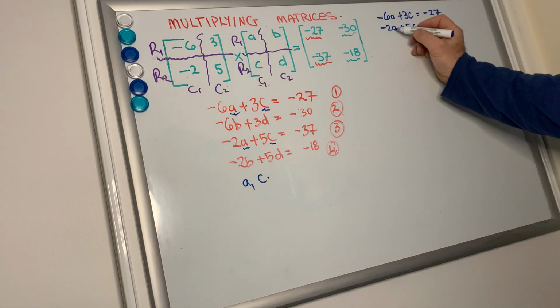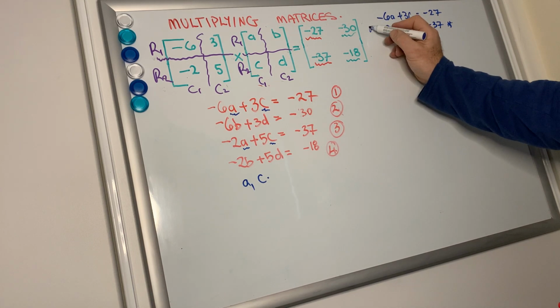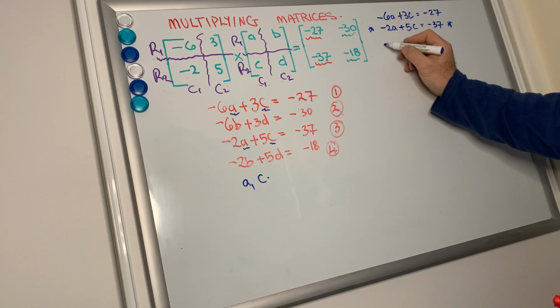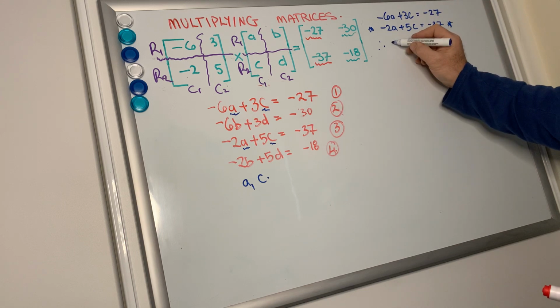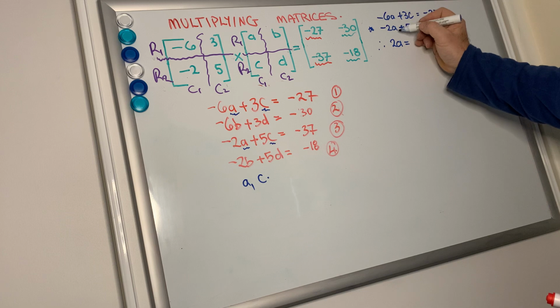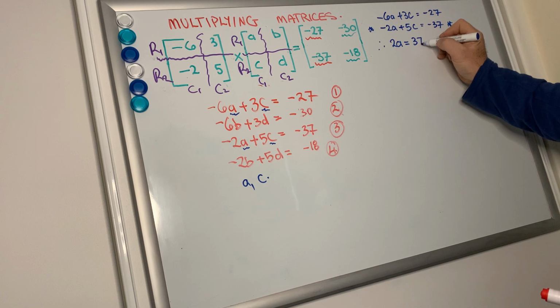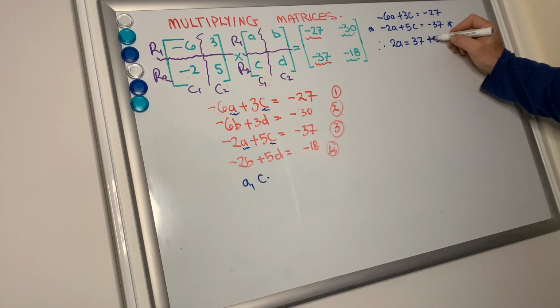Now, let's say, for example, if I take this equation here, and I bring the 2a to the other side, and I bring the 37 on that side, that will give me 2a is equal to 37 plus 5c. Okay?